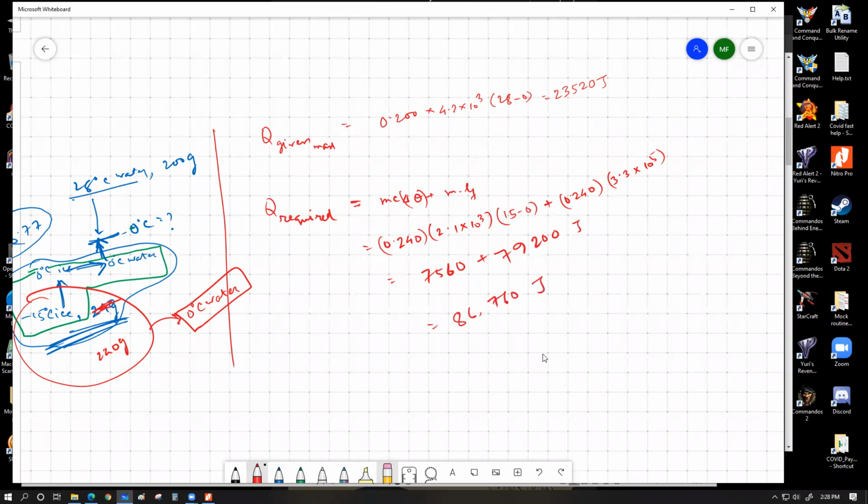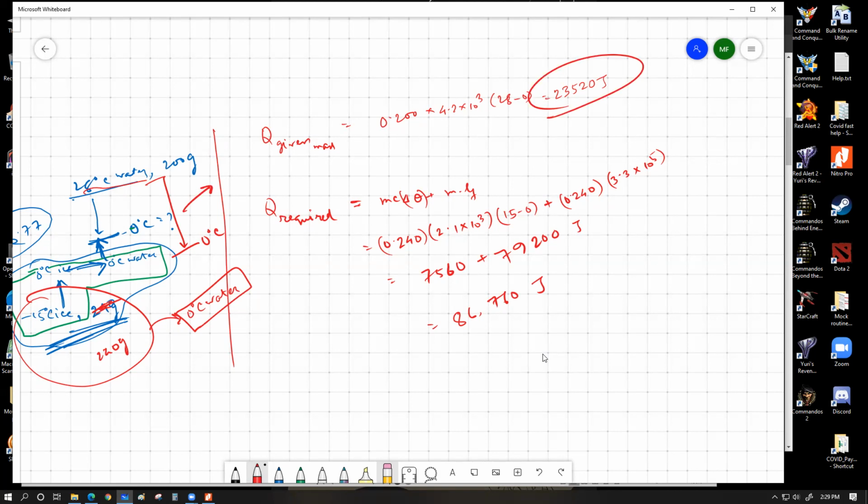So I just got two numbers. Try to have a look at these two numbers and try to get an idea. What do they possibly mean? What I'm trying to show you is, if we want to bring down the temperature of the 20 degrees Celsius water all the way down to 0 degrees Celsius, the maximum amount of heat that it can give out is this much.